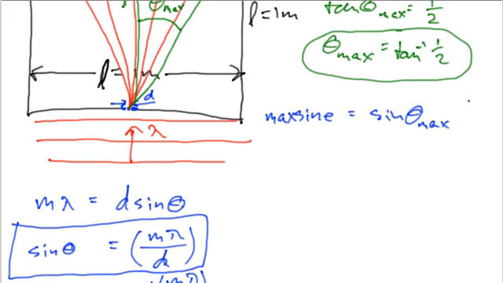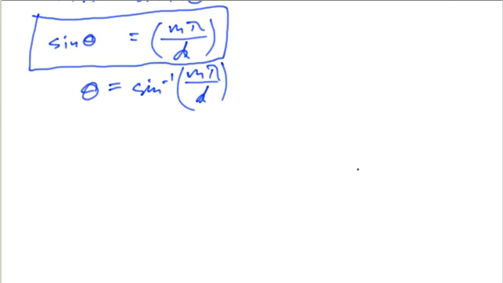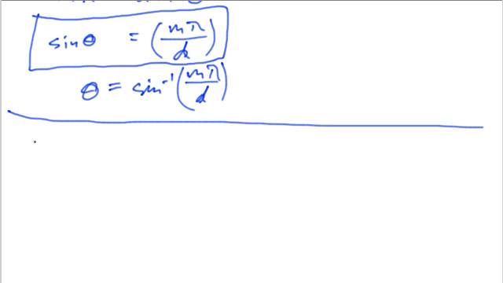Alright, let's see if I'm ready for a code outline here. Code outline. One, draw the box.